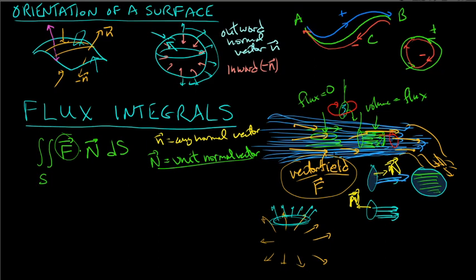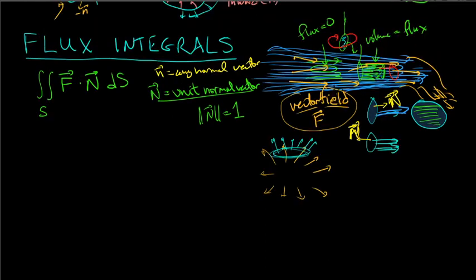We don't care about the magnitude of n. We want that to be 1. If n has a magnitude of 5, then we're multiplying the vector field times 5, which means we're getting 5 times the flux. So capital N should be a unit normal vector. Up until now, our normal vectors were usually not unit vectors, but now we're forcing it to be 1. That's the difference between capital N and little n.